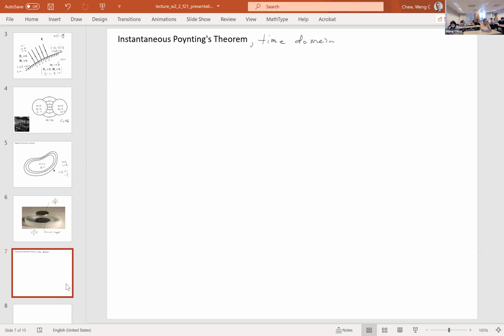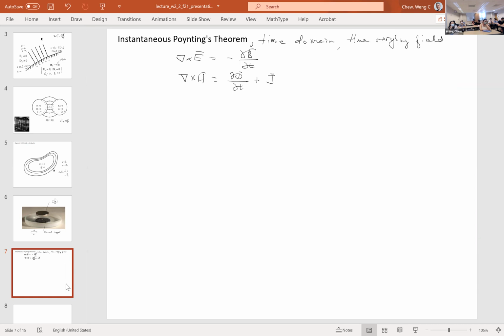So let's assume that we have a time-varying field. Then we know from Maxwell's equations, we have curl of E equal to minus dB/dt, and curl of H is dD/dt plus J. Okay.